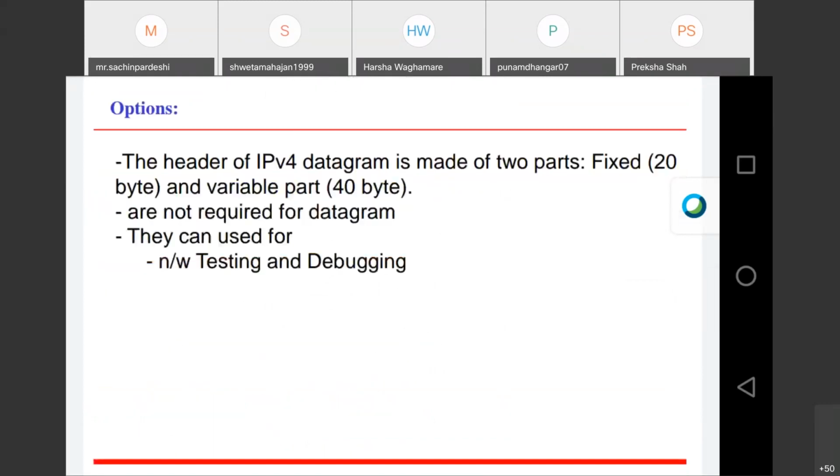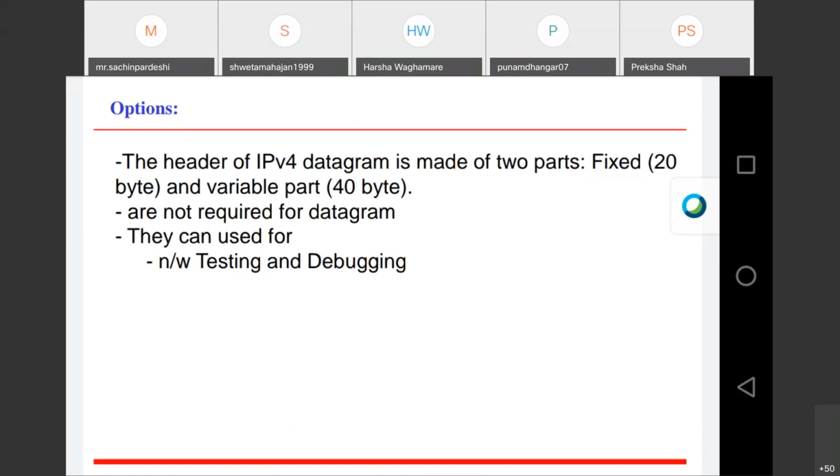What remains is the option field. As we have seen, the header size varies between 20 and 60 bytes. If the header size is 20, it means the option field is not available. If it is between 20 and 60, the option field is available.